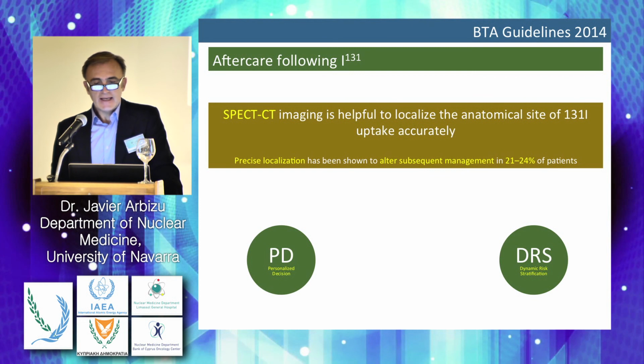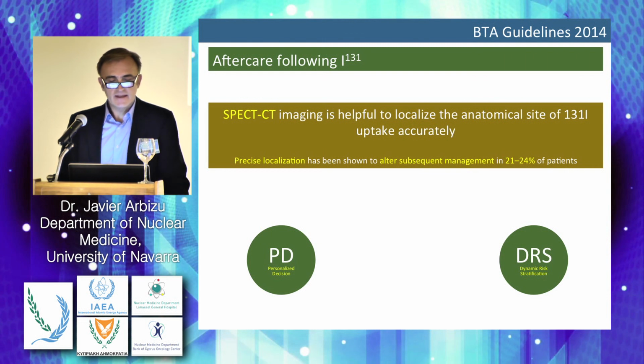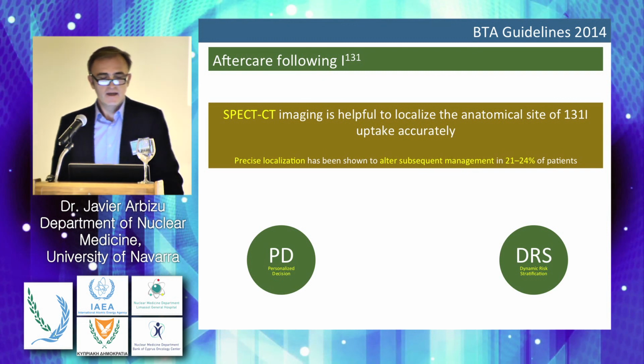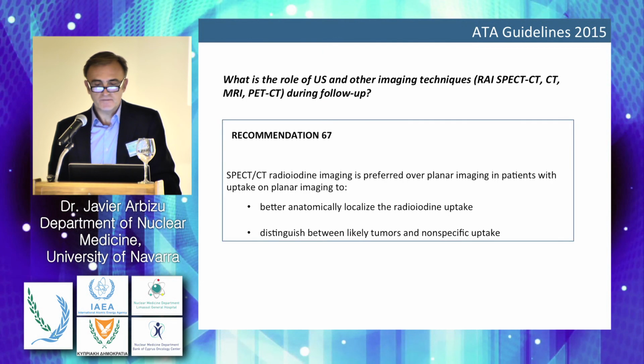What about the guidelines? This is the British one that was published last year. They state that the SPECT is helpful to localize the anatomical site of this uptake accurately. So they are suggesting the use of SPECT and also for the dynamic risk stratification.